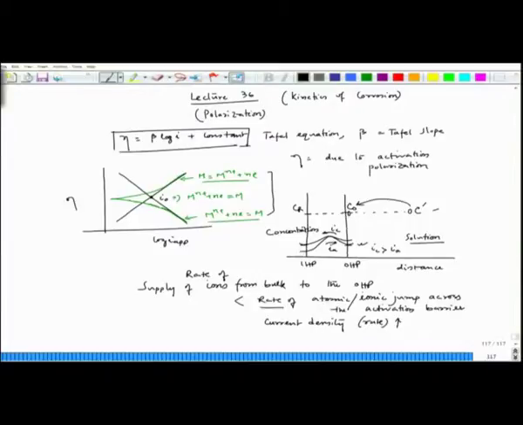So, now there could be a concentration profile with decreasing concentration as we come from the bulk concentration to the interface. So, this concentration would have a distribution like this. So, here it would become CO prime.